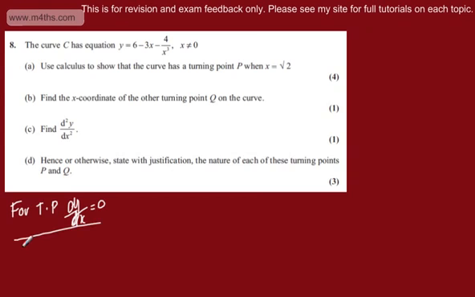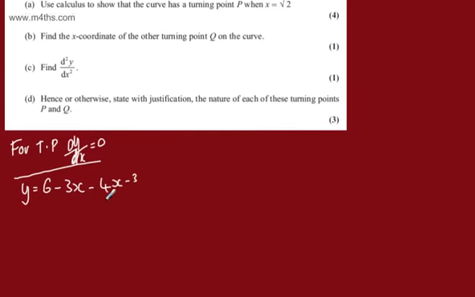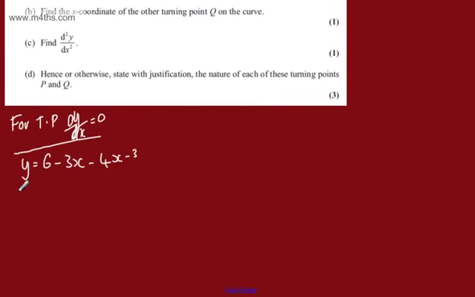So let's go ahead and write y is equal to 6 minus 3x minus 4x to the power of minus 3. I'm going to differentiate this, set it to 0, and show that x could be root 2.